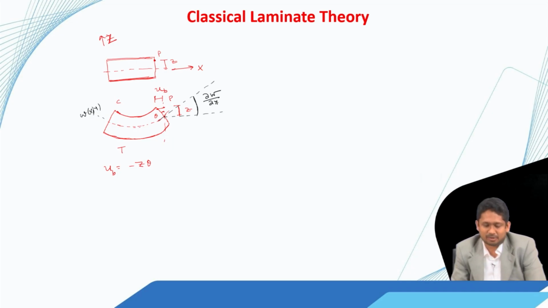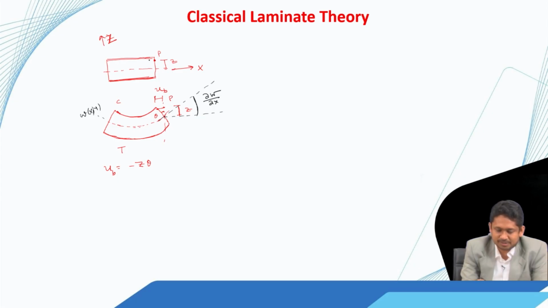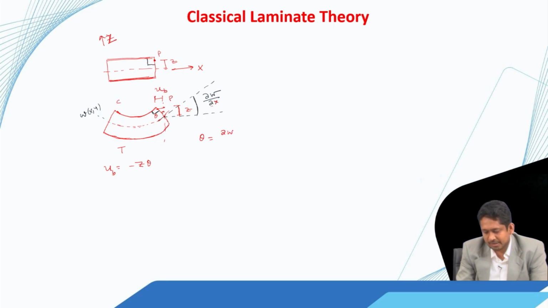Now, our assumption was there is no shear deformation, that means this angle which was 90 degree initially remains preserved. So, this is also 90 degree after deformation. Now, if this angle is 90 degree, then we can easily say that this angle theta and del w by del x are the same. So, theta is equal to del w by del x because there is no shear deformation.